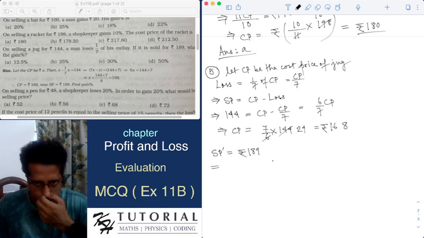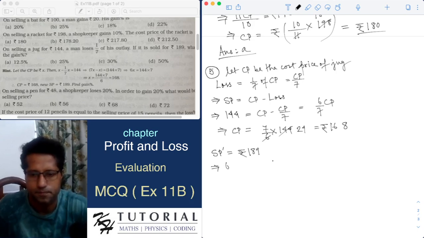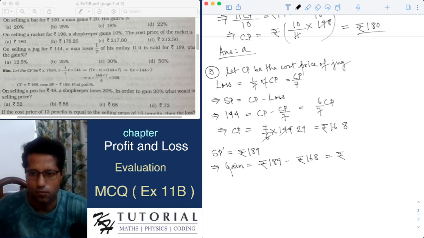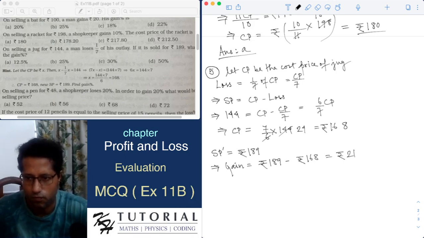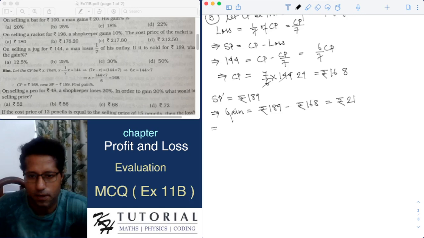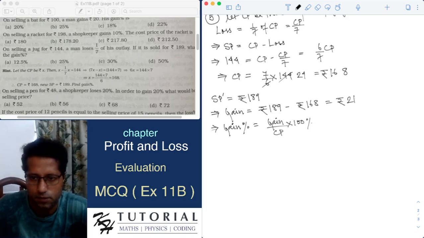This implies the gain will be rupees 189 minus the CP, that is rupees 168. This is equal to rupees 21. This implies gain percent will be gain divided by CP multiplied by 100%.